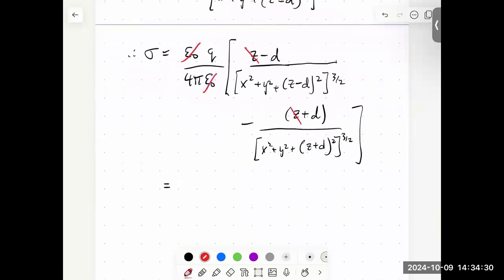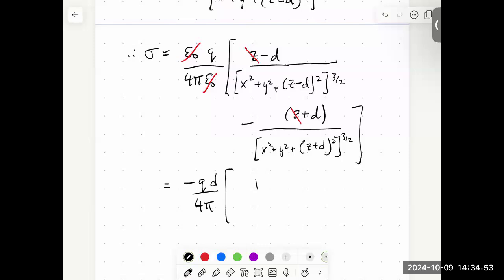We can get rid of the epsilon naught. Now we're going to have a minus sign in front of both terms, so we can pull that out. We're going to get a d plus d. No, not yet. We'll factor the d out. So we'll factor out minus d. So it's minus qd over 4 pi.